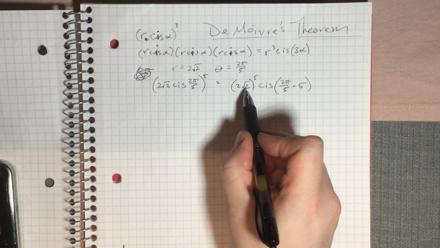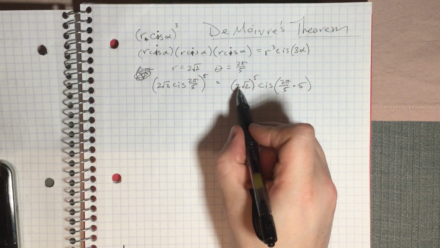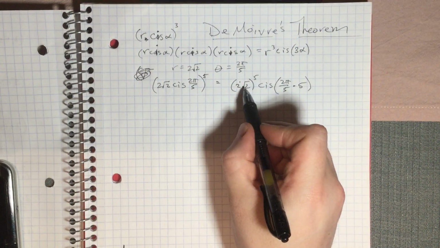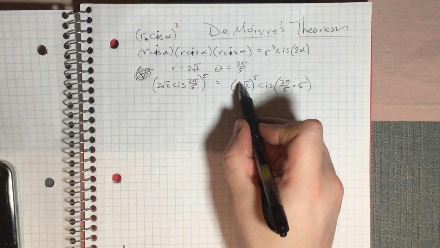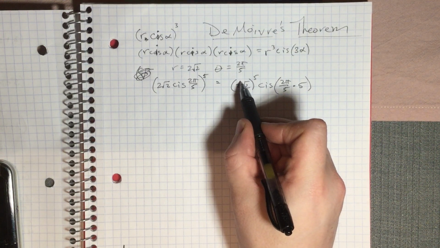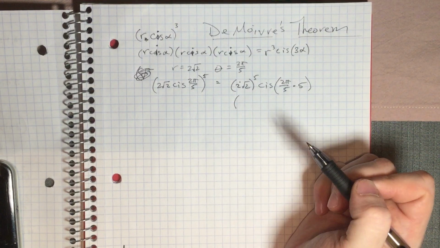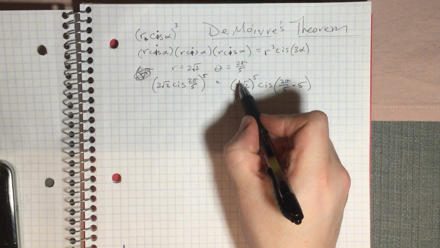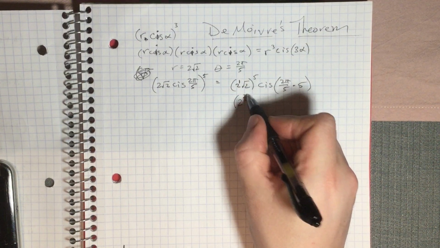Now let's talk about this 2 root 2 raised to the 5th power. This is a 2 to the 1st, obviously. The square root of 2 is 2 to the 1/2. So if we take 2 to the 1st and multiply it by 2 to the 1/2, the rule is that we're supposed to add those exponents. So an exponent of 1 plus an exponent of 1/2 would be 2 to the 3/2.